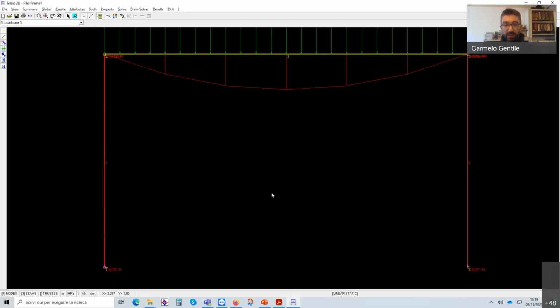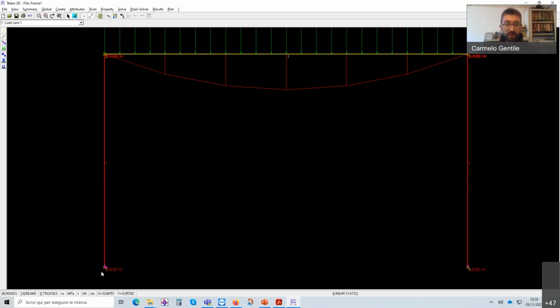If we go on the bending moment, we can see that basically the bending moment is only where the load is applied. Here we have no bending moment, and here we have no bending moment. Why?